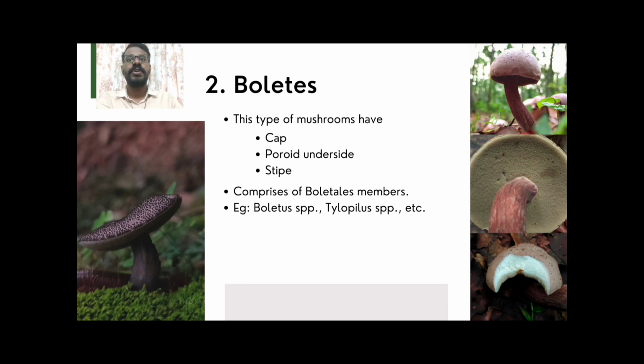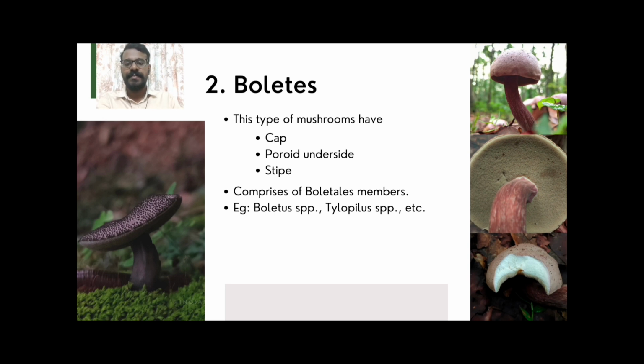These tube-like structures are responsible for releasing spores. The spores mature and get released through these tube-like structures. The endings of these tubes form a poroid underside.